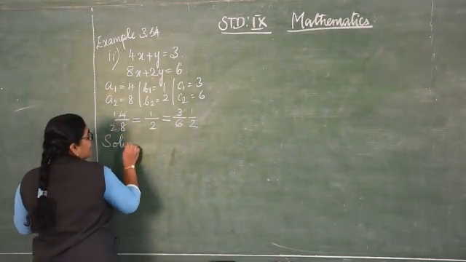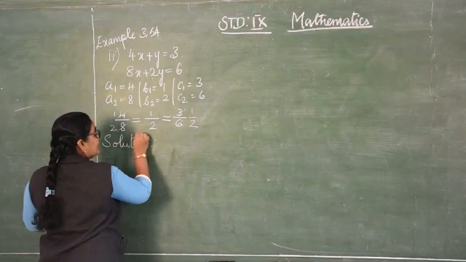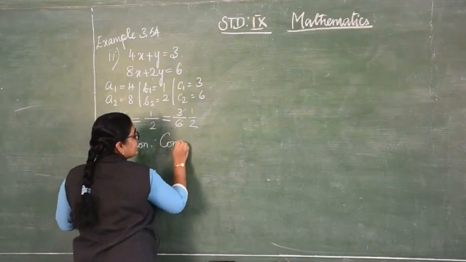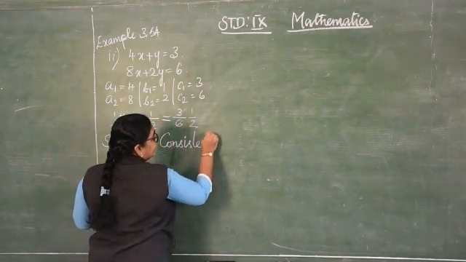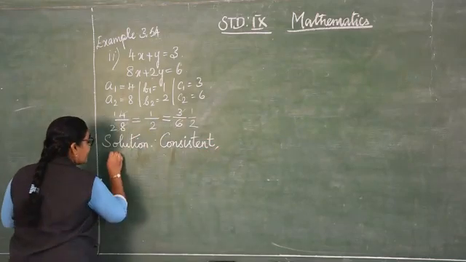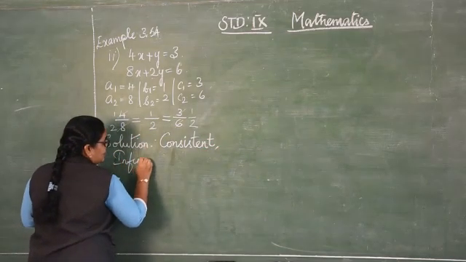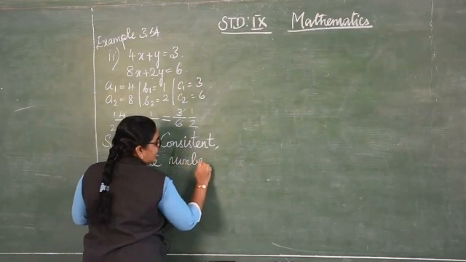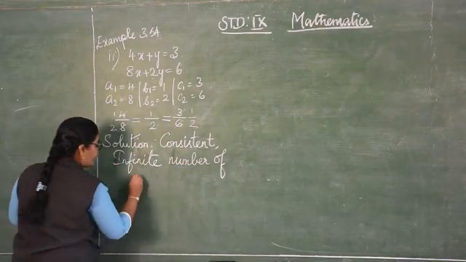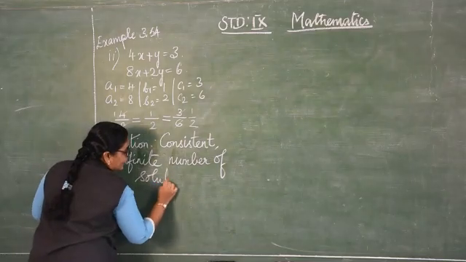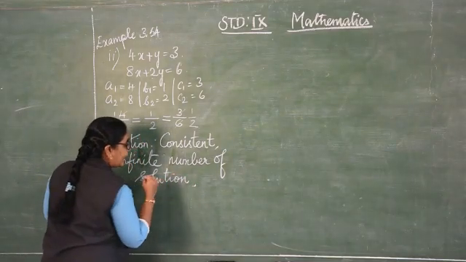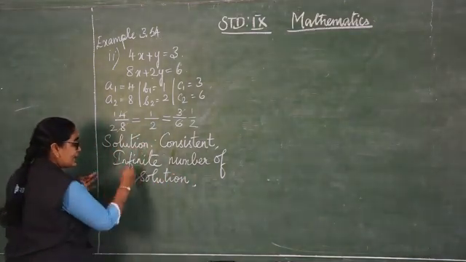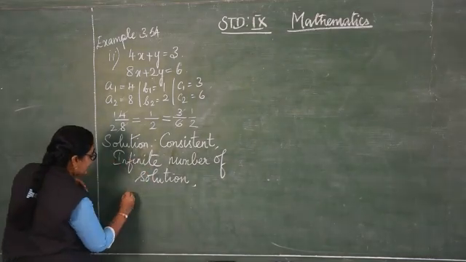The type of solution we are going to have is consistent, infinite number of solutions, and the lines are coinciding lines.